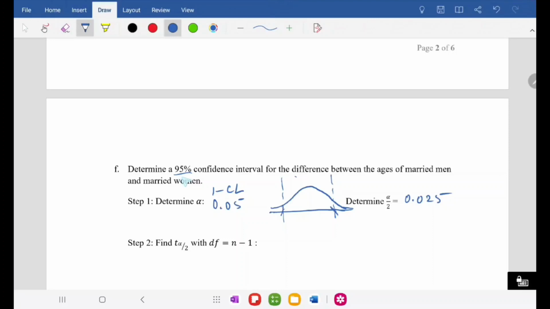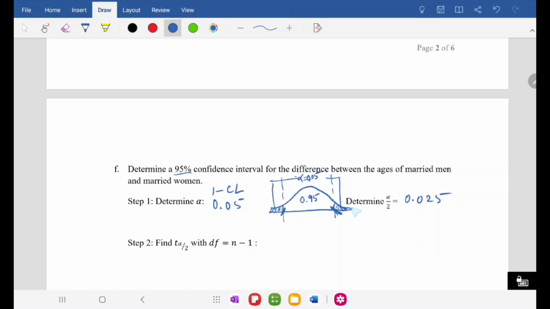And when we talk about the 95% confidence interval, that probability is 0.95, and that 0.95 is the area bounded by the endpoints of the interval, right? And the area outside that bounded region is what alpha is, right? That's alpha, which is 1 minus 0.95. It's the area outside the bounded region, so it's going to be 0.05.